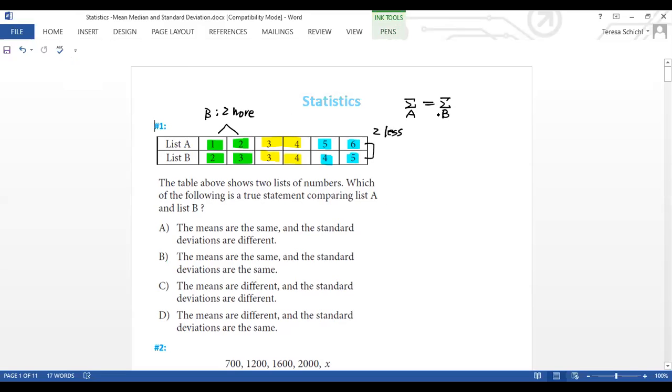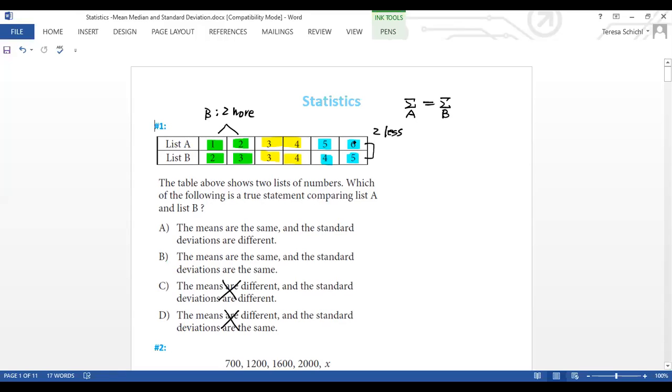If you add them the same, then the mean will be the same, correct? So I know I can cross out this one, it is not the truth. So that's why, like I said, they don't really ask you to put it into the calculator. It's just you watch this observation. It says 3 and 4, 3 and 4, they are the same.